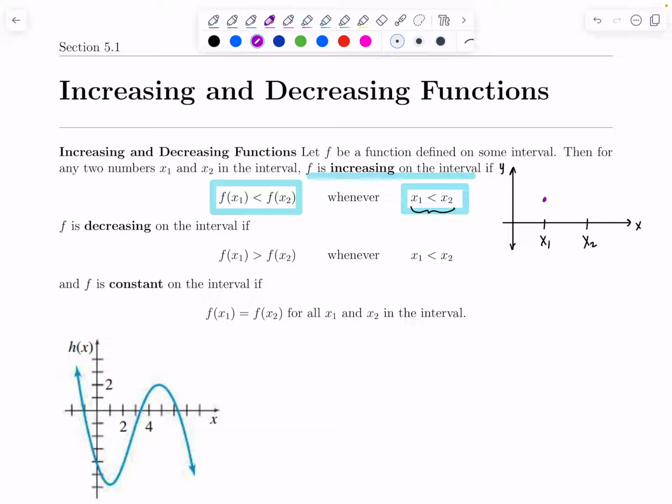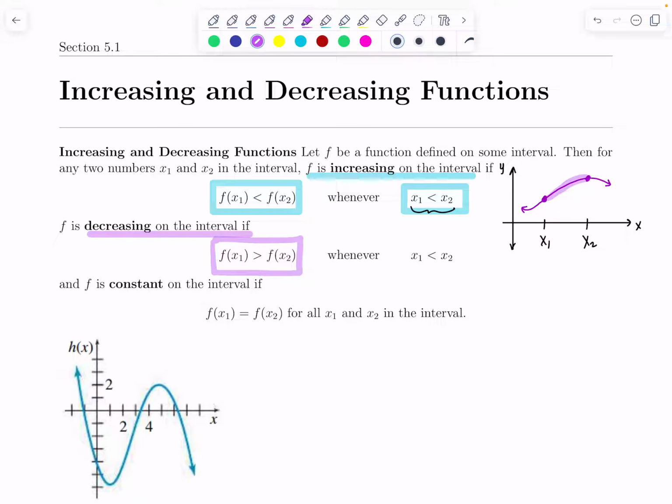So say here's f of x1, f of x2 needs to be higher. And this is our function. I have no other info besides the fact that this y value at f of x2 is bigger. Well, clearly you could see what's going on in this interval. The function's increasing. Straightforward.